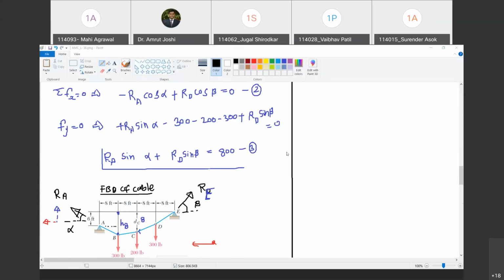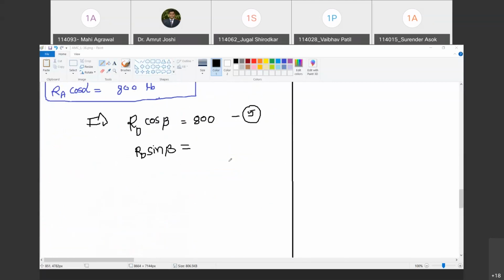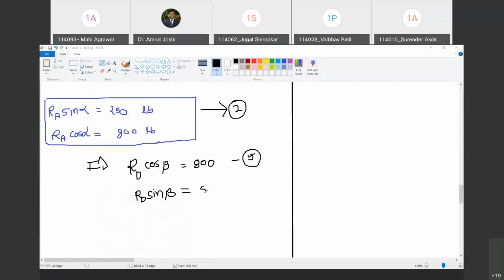Do you agree with me? Yes, sir. So 800 minus 250 is how much? 800 minus 250 is equal to 550. Correct? Yes, sir. So let me call this equation number 6.